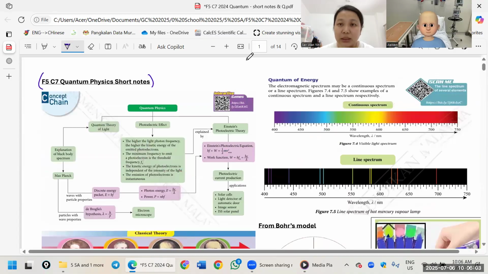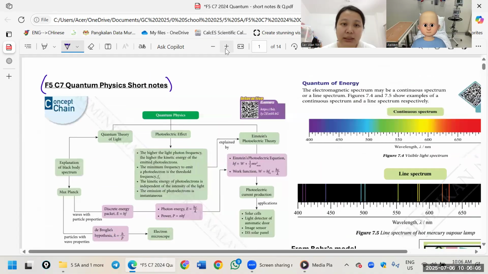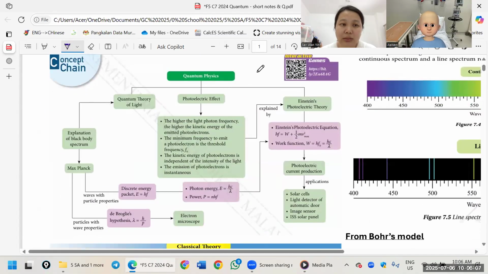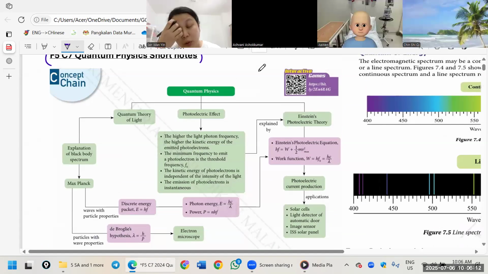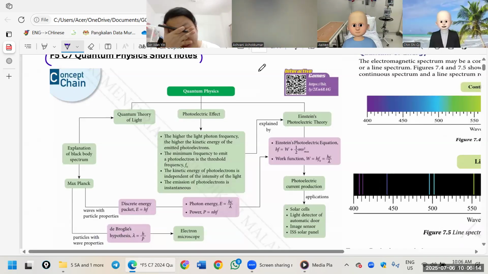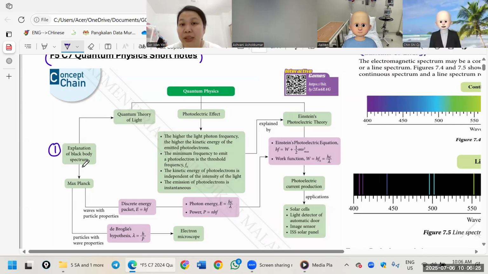This quantum physics actually has a few subtopics. Number one is the quantum theory of light, which is recorded as black body spectrum.